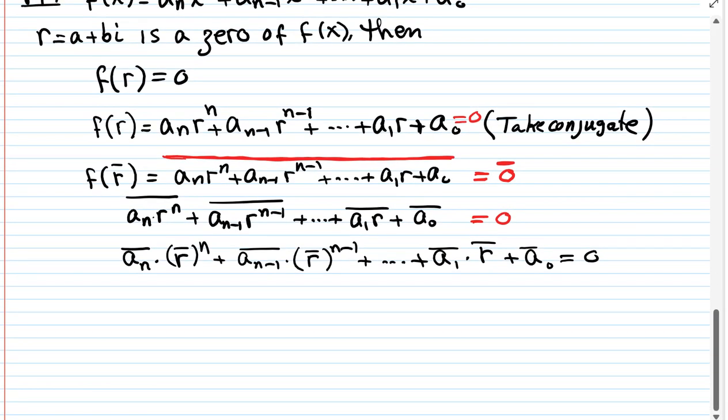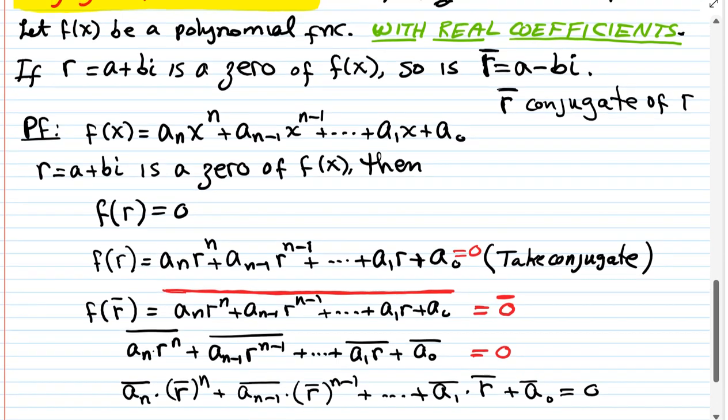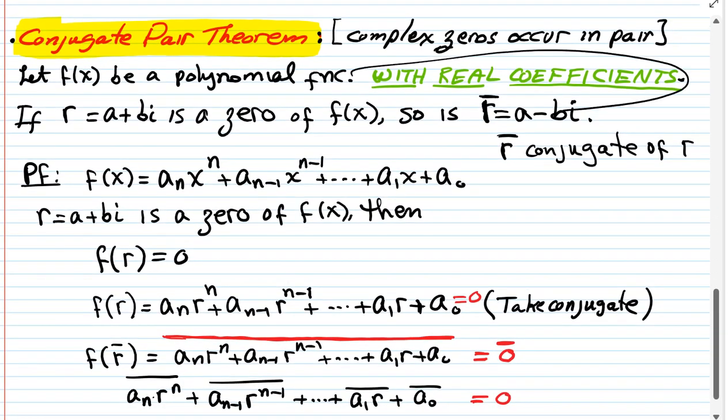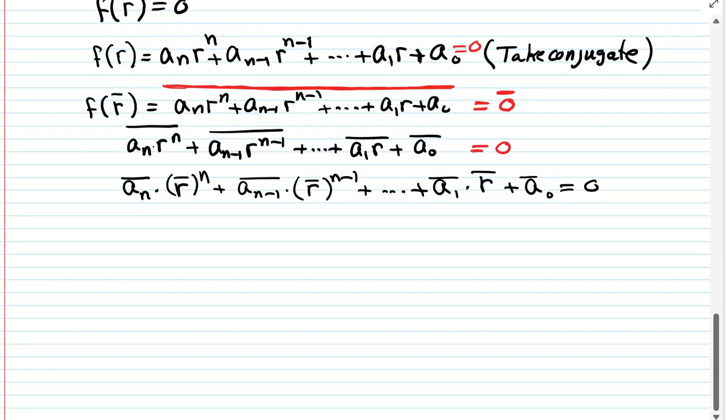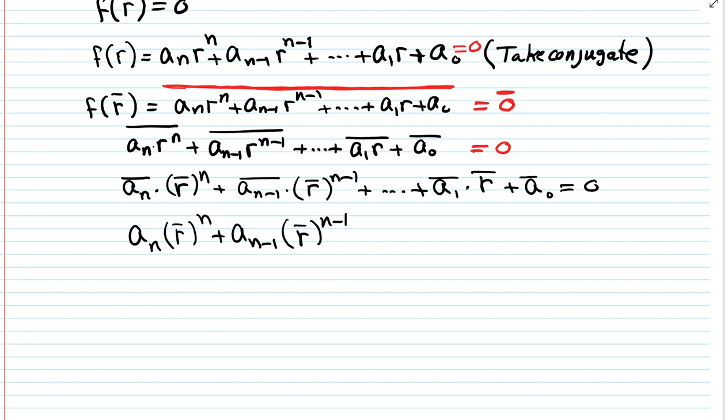Now remember, the coefficients are real, right? The a's are real coefficients. So all of the conjugates that involve the real coefficients are just going to be the coefficients themselves. So we can write this as r bar to the n plus a sub n minus 1 r bar to the n minus 1, plus a sub 1 times r bar plus a sub 0 equals 0.